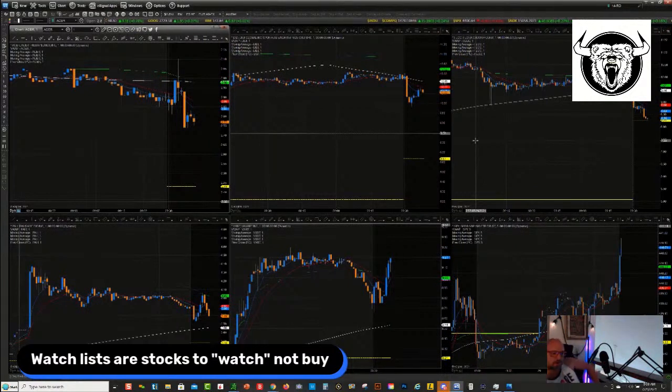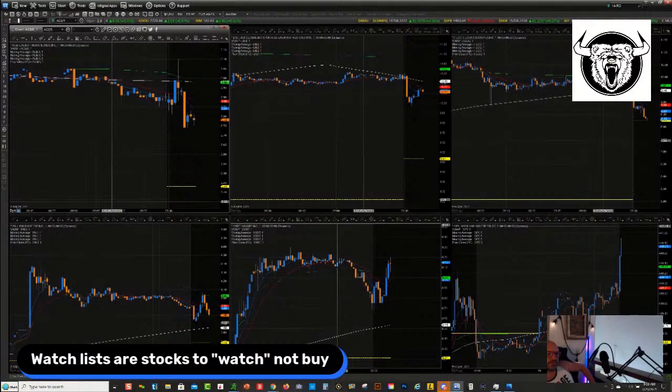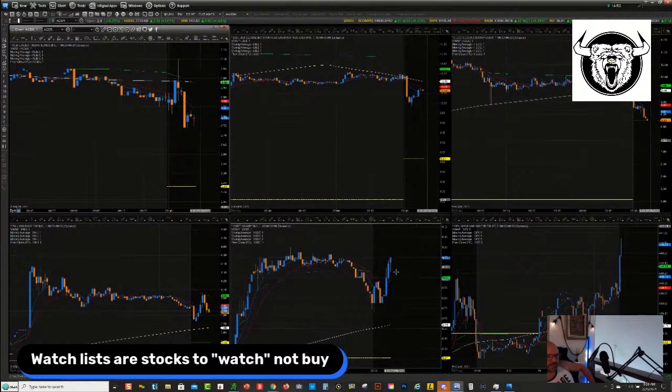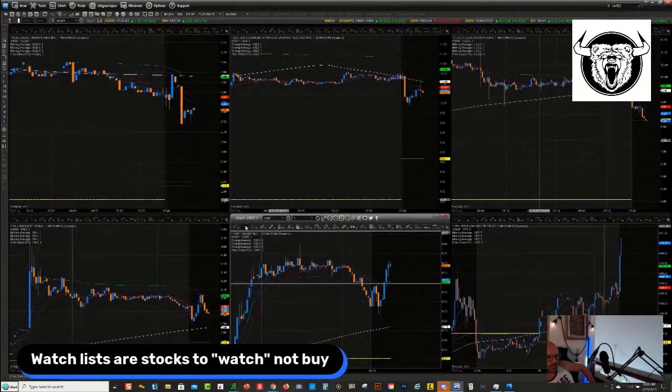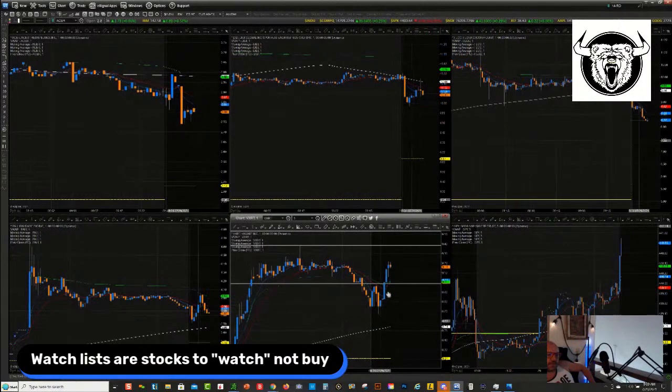We'll have to see. All right, so VXRT is moving up here. Let's take a look at this one and drill down. As you can see, I didn't even move the lines. Now it's moving up into these zones here. You see there's a 9 and 20 crossover, so that's bullish.